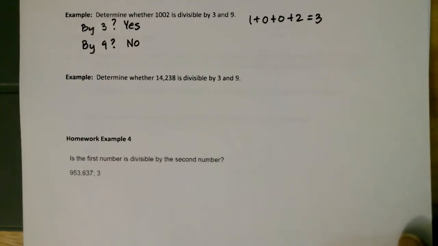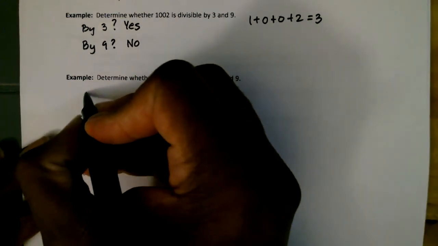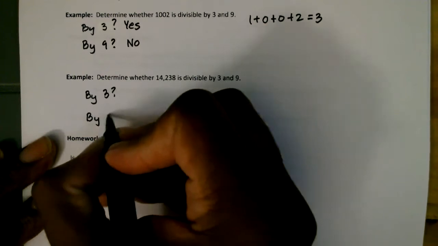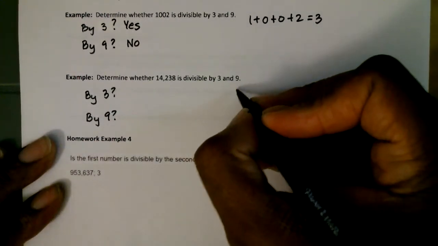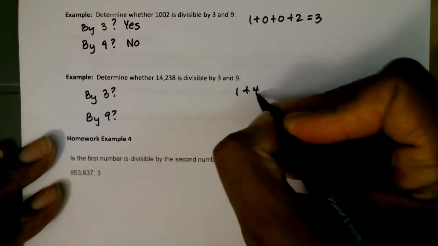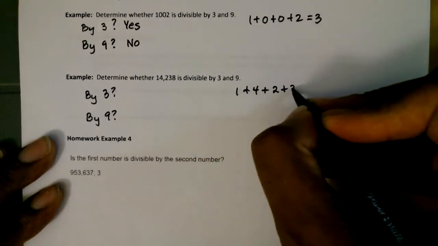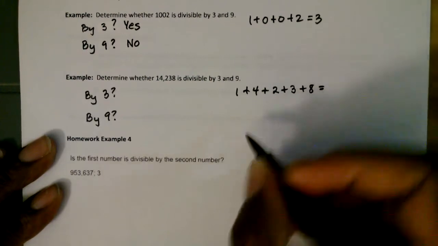Okay, here's another example. Determine whether 14,238 is divisible by 3 and 9. Let's take the sum of the digits in 14,238. So that'll be 1 plus 4 plus 2 plus 3 plus 8.